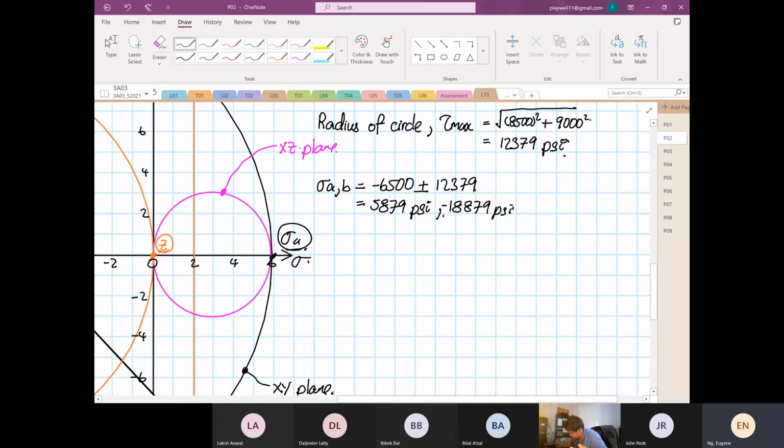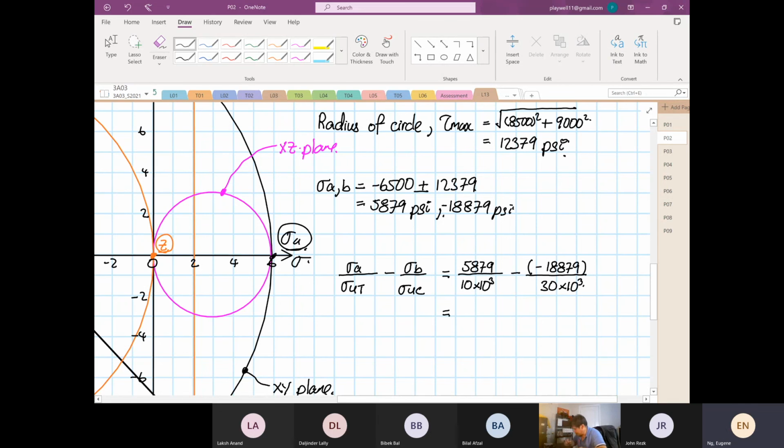So from here, we are going to apply stress A over ultimate tensile stress minus stress B over ultimate compressive stress. Stress A is 5,879 divided by the ultimate tensile, which is 10 times 10 to the power 3, minus stress B, which is minus 18,879, divided by the ultimate compression of 30 times 10 to the power 3.